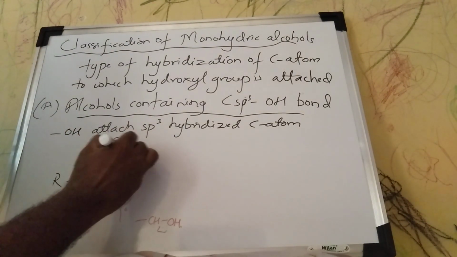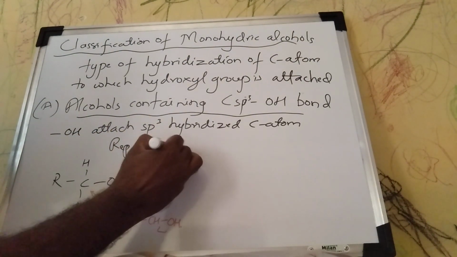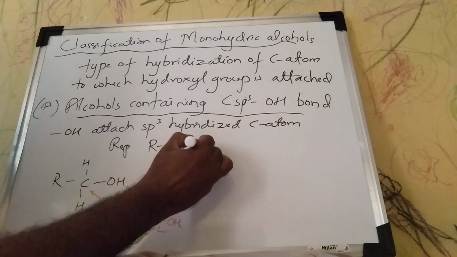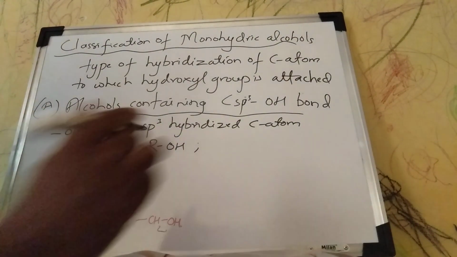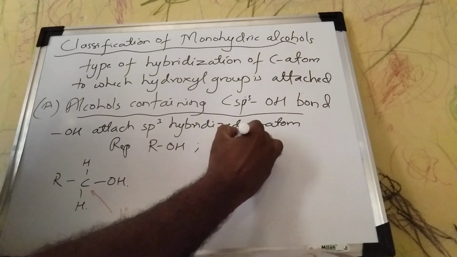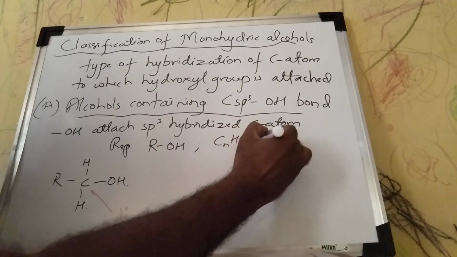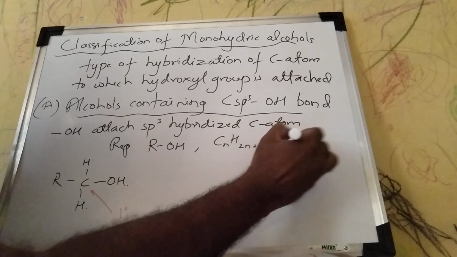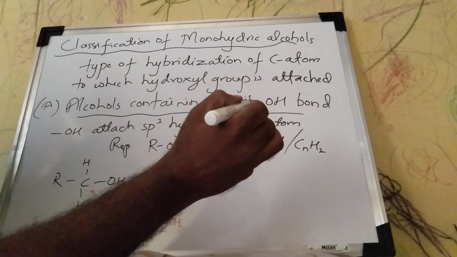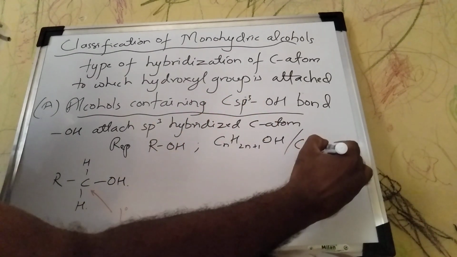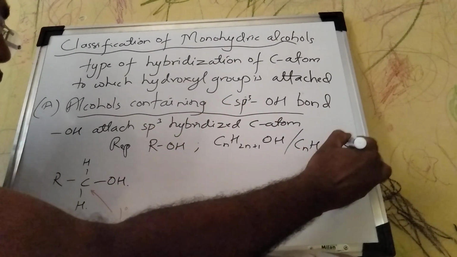Generally, it is represented as ROH. And the general formula CnH2n+1OH or CnH2n+2O.